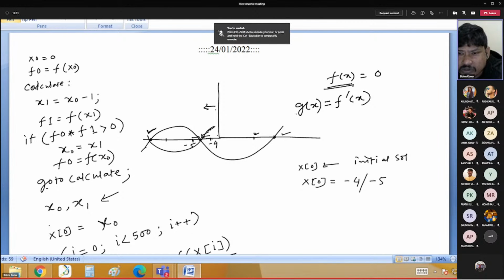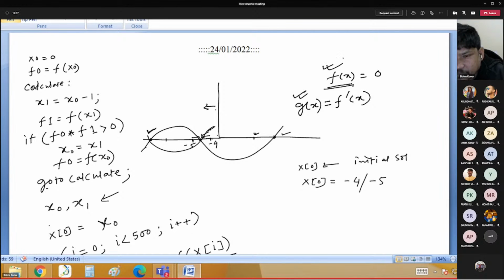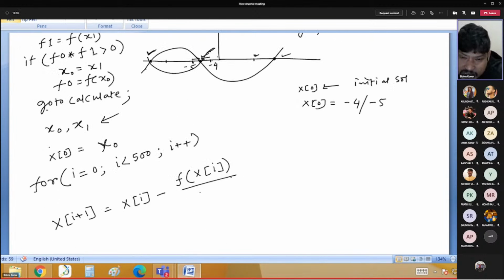Are you able to do this? And those two functions are defined in the header separately. So g(x) is the derivative function. f(x) by f dash x, isn't it? So g of x i. The g(x) function is the derivative function. Okay. Yes, sir.